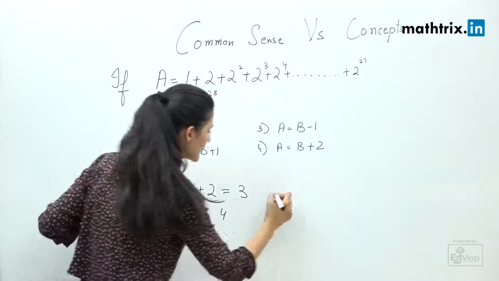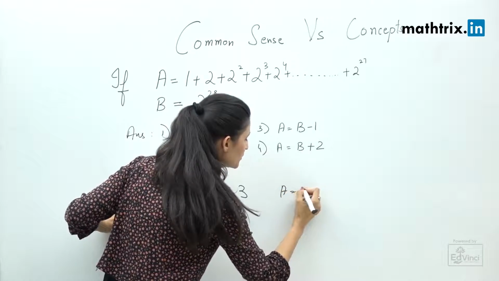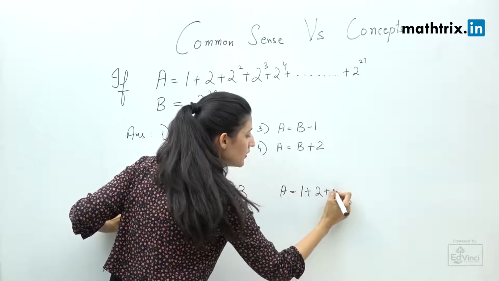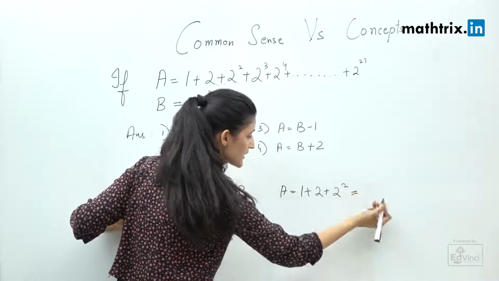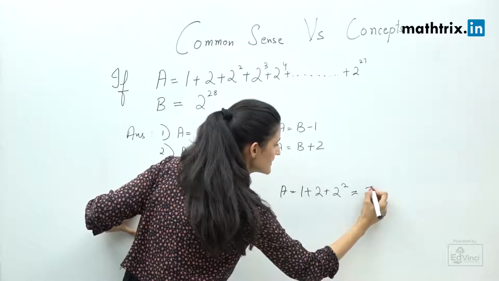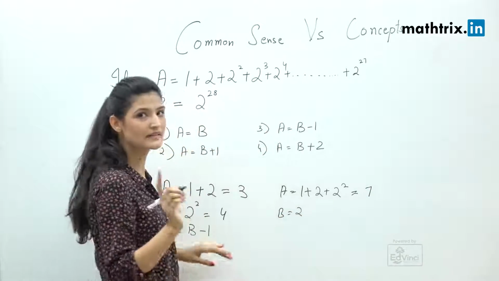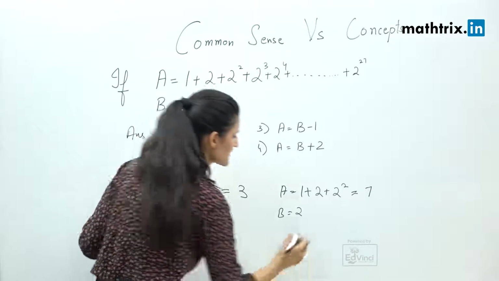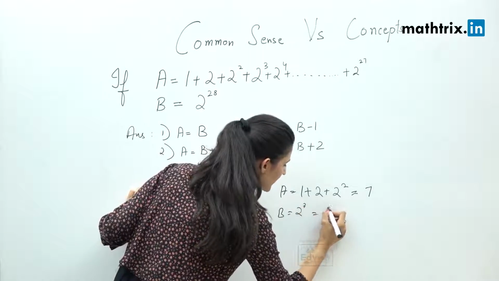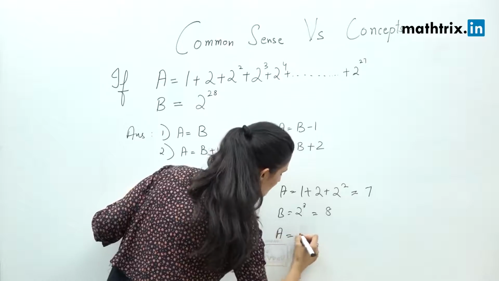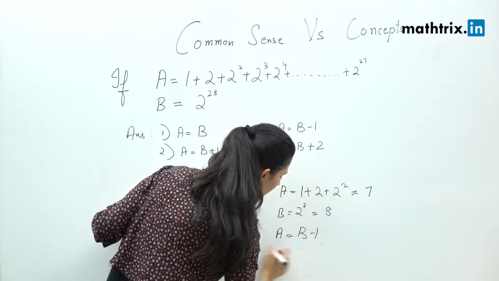If we take 3 terms, then A is equal to 1 plus 2 plus 2 square, which is 7, and B is equal to 2 raised to the power 3 because we are taking 3 terms, which is 8. So A is equal to B minus 1.